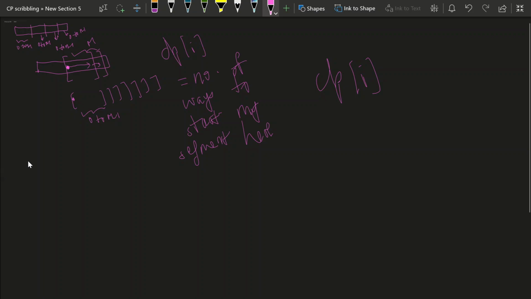Right? So as I told you, you can only end your segment when you encounter all of these 0 to m-1 values. So let's say the first point at which you have encountered all the 0 to m-1 values is I plus k, right? So you can end your segment here, and that is one possible way.